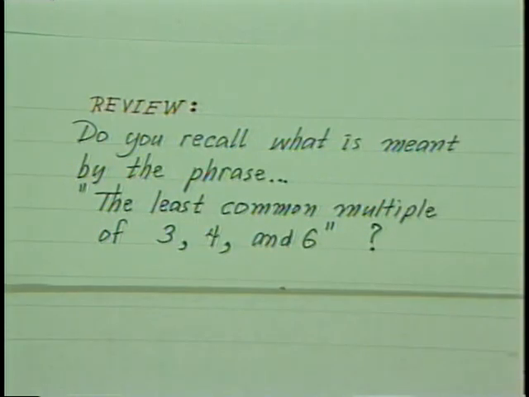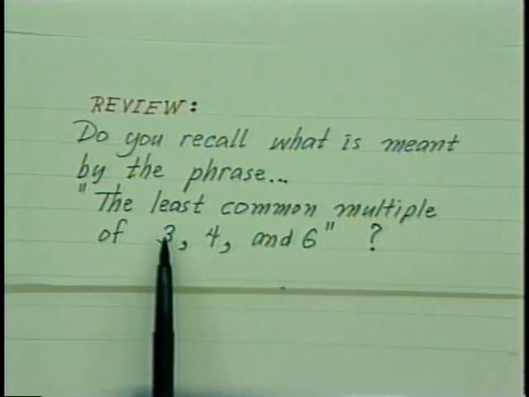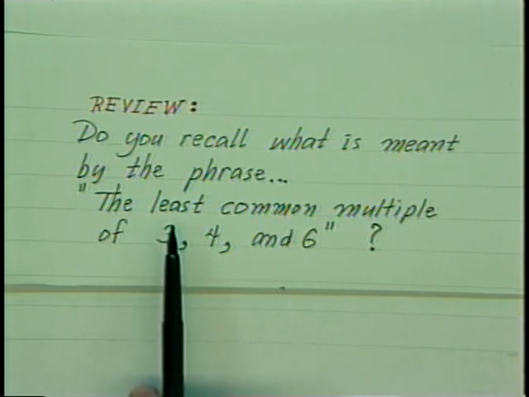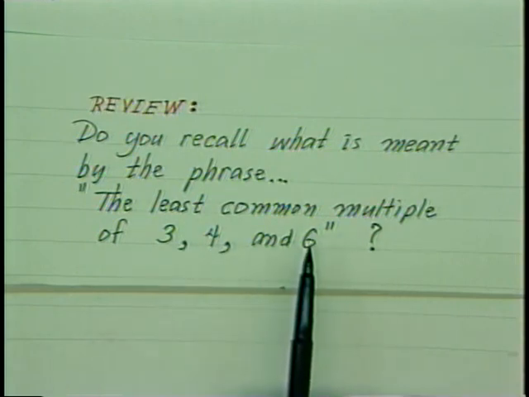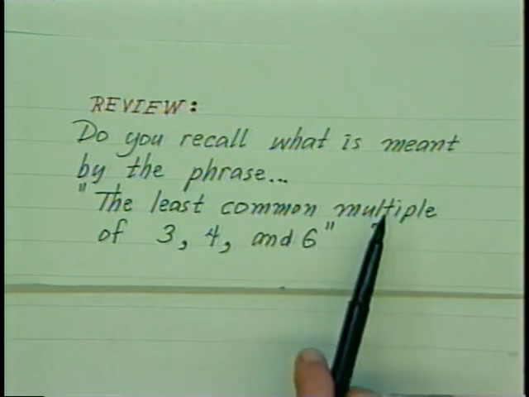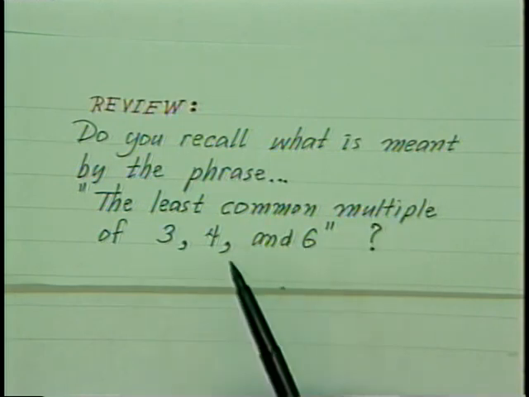So going back to our question of just a moment ago, multiples of 3 are all the numbers 3 will go into evenly. And multiples of 4 are all the numbers that 4 will divide into evenly. And multiples of 6 are all the numbers that 6 will go into evenly.